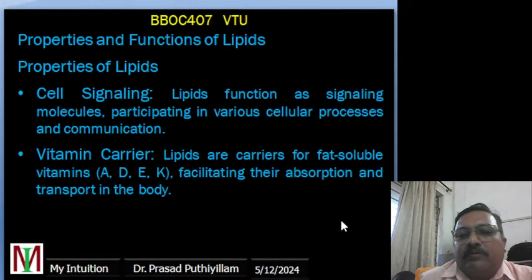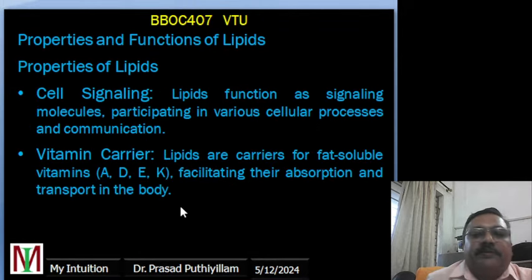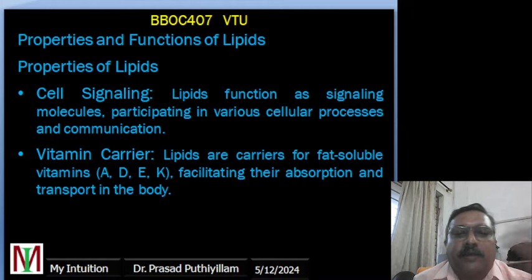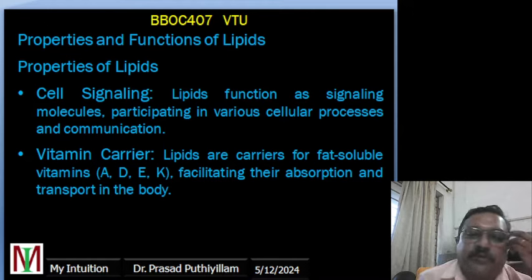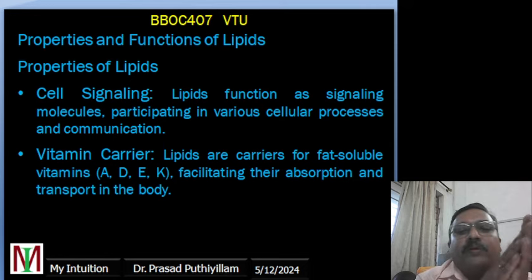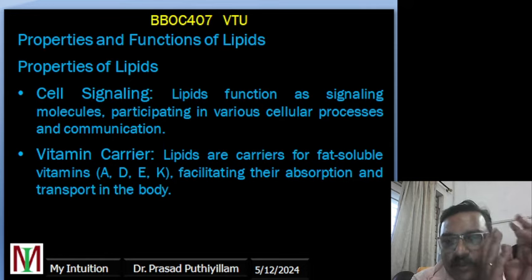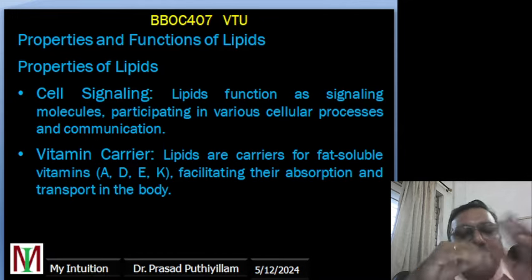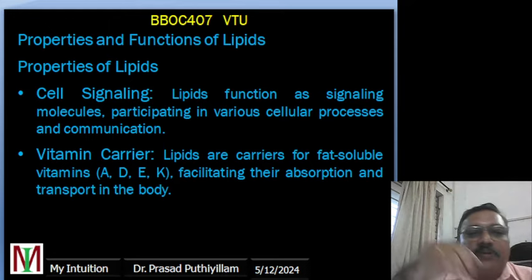Now, cell signaling and vitamin carrier. Cell signaling is carrying the messenger. Many lipids, which include steroid hormones, phosphoinositides and eicosanoids, are very useful to carry information for cell signaling.